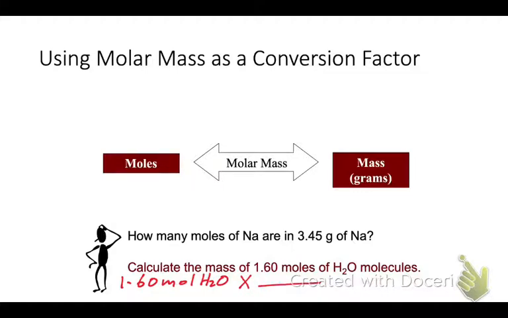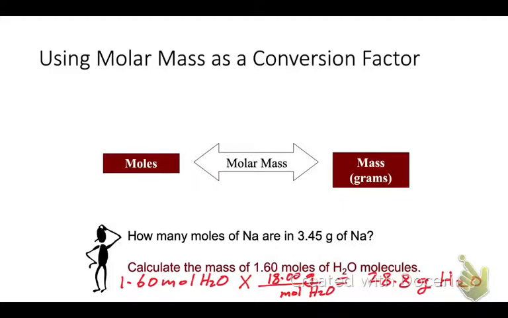I'm going to say, okay, I need mole of water down here, and every mole of water will weigh 18.00 grams. So now you log in these numbers into your calculator, and the answer will be, having 3 sig fig again, 28.8 grams of water.